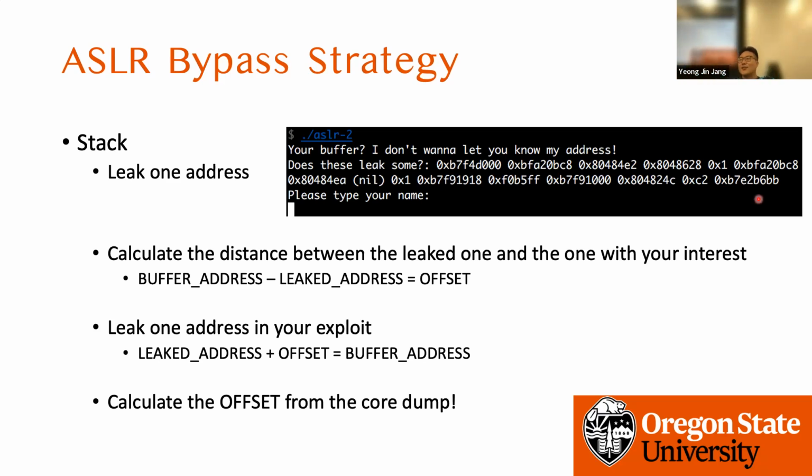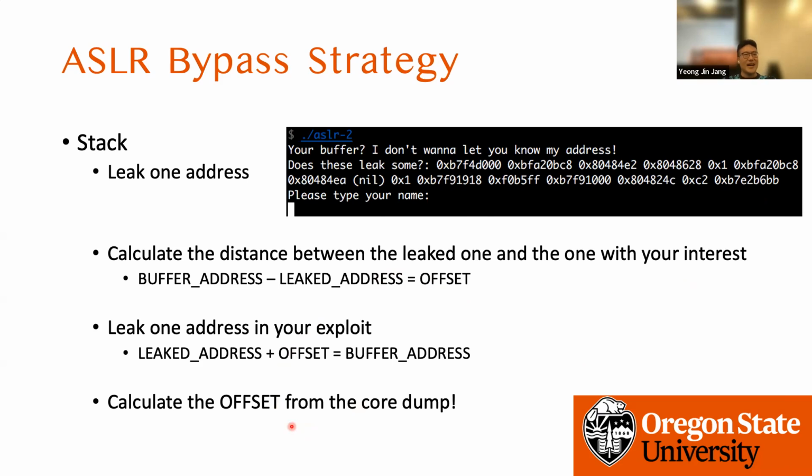And in ASLR 2, you need to distinguish which addresses belong to stack or belong to library space, and then fix one address, and then calculate the offset to exactly know where your target function or a string or useful things are located.